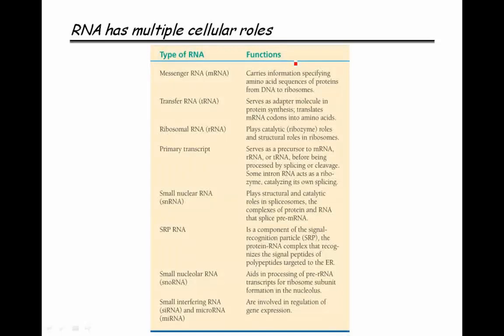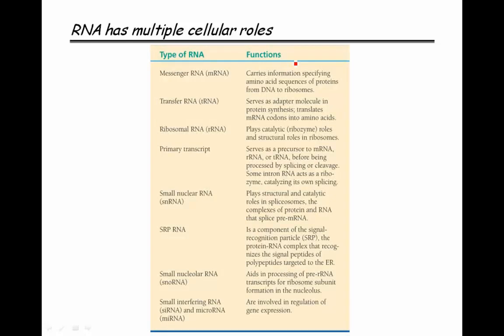The transfer RNAs were involved in bringing the correct amino acids to the ribosome. The ribosomal RNA was a component of the ribosome. Now, that ribosomal RNA is actually the catalytic part of the ribosome. So it is considered a ribozyme. It is the one that is actually catalyzing the formation of those peptide bonds between the amino acids. So we do want to keep that in mind with regard to the ribosome.